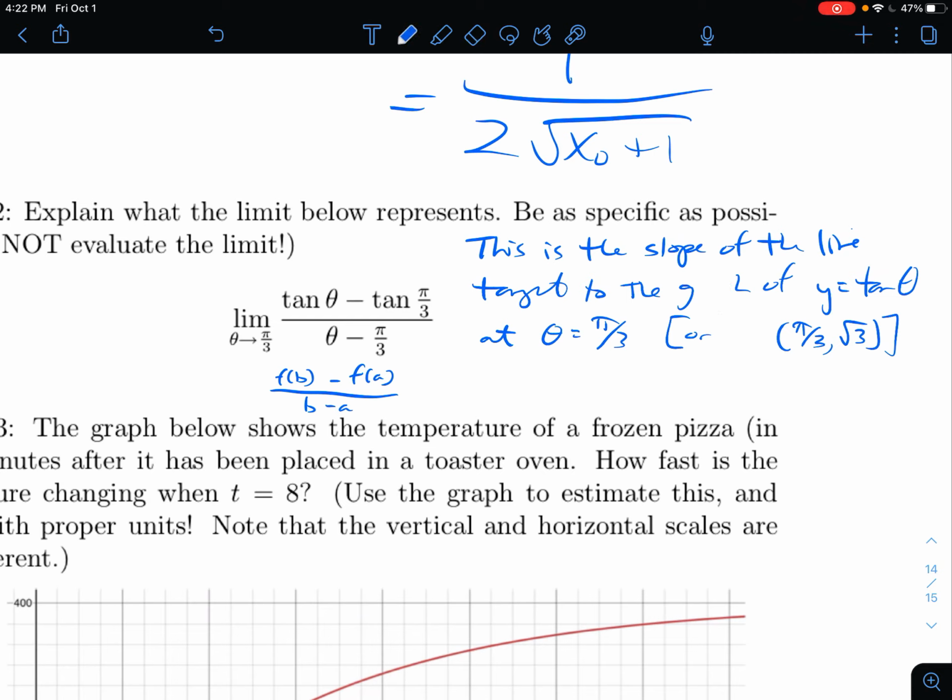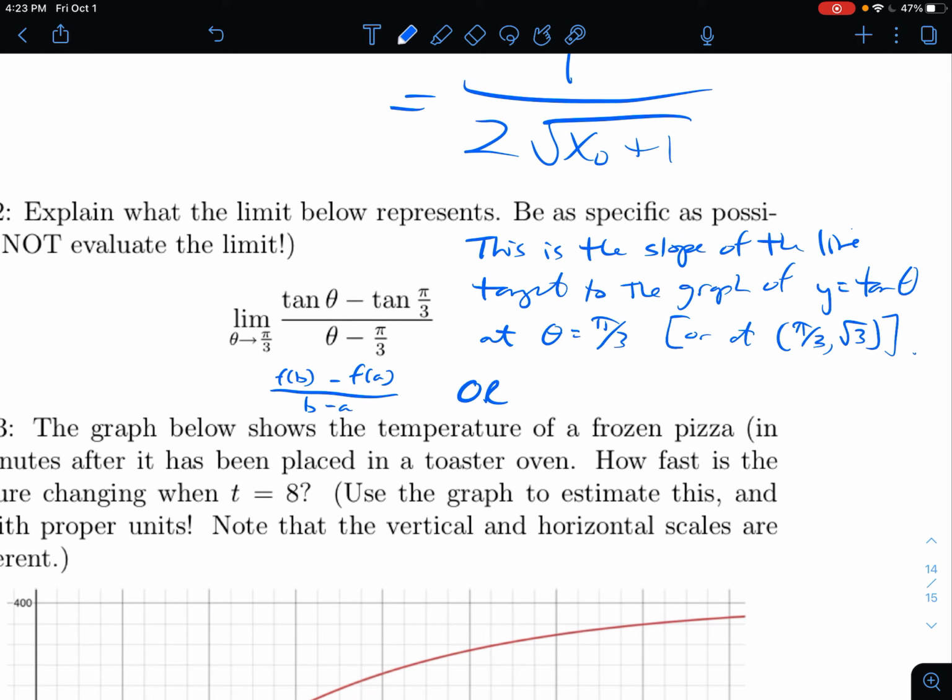That's not necessary. If you just say what your input value is, that's fine. So we're recognizing that this is slope of the tangent calculation. We're saying very specifically which function it is and where on the graph we're taking that tangent line. And again, you don't need the y value, you can just say the input value.